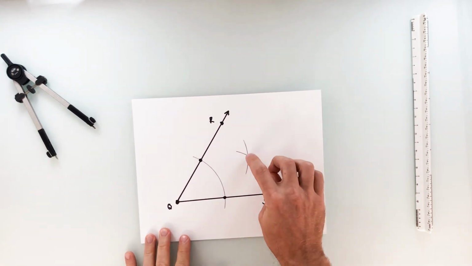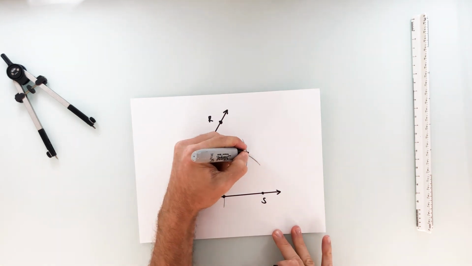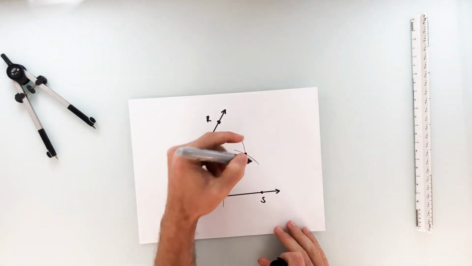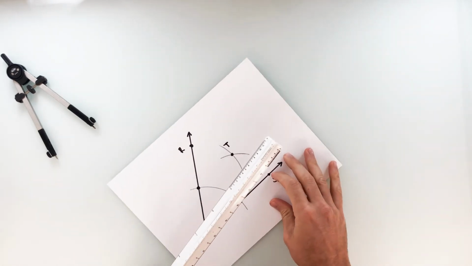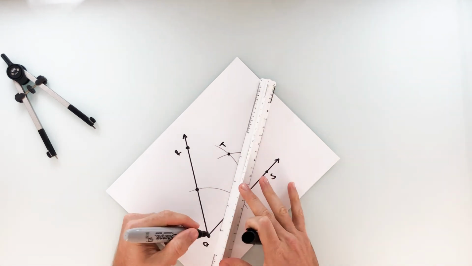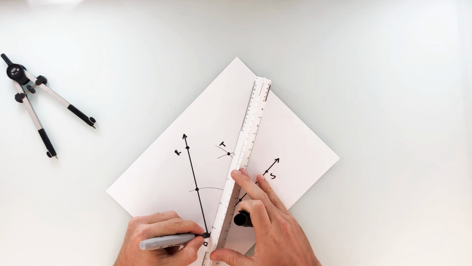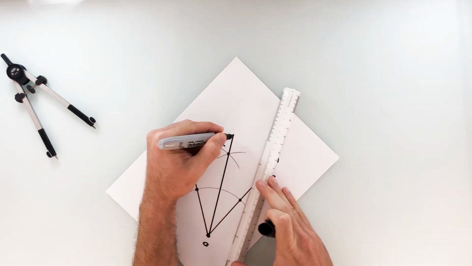Okay, once I have my two arcs out here in the interior of the angle, where they intersect, I'm going to put a point. I'm going to call that point T. Then finally, I'm going to connect the vertex point Q with the point T that we have just constructed, and we're going to go right through.